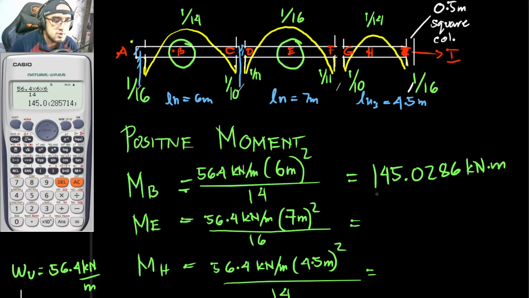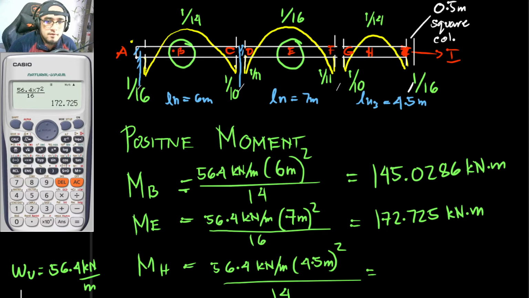For the second one, palitan lang natin yung denominator ng 16, then sa numerator part yung Ln ng 7 squared, so 7 times 7, o pwede din 7 squared. Kayo bahala. So 56.4 times 7 squared divided by 16, and that is to be 172.725 kilonewton meter.